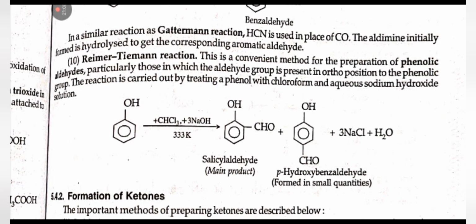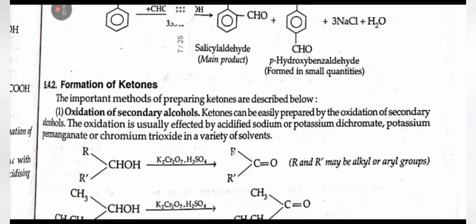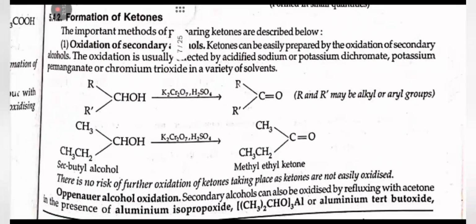Formation of ketones. The important methods for preparation of ketones are discussed below. Oxidation of secondary alcohols. Ketones can be easily prepared by the oxidation of secondary alcohols. The oxidation is usually effected by acidified sodium or potassium dichromate, potassium permanganate or chromium trioxide in a variety of solvents.